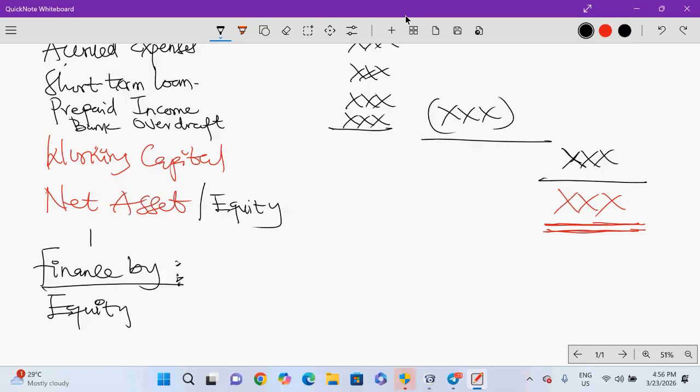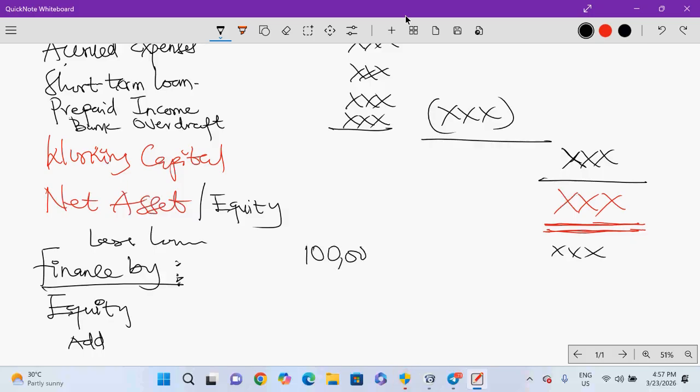When I get here, I less long-term loan, so long-term liability. When I less it, I get this figure. It means I'll not bring it here. Either I less it here or I add it here. Here I'll be adding it, but here I'll be lessing it.